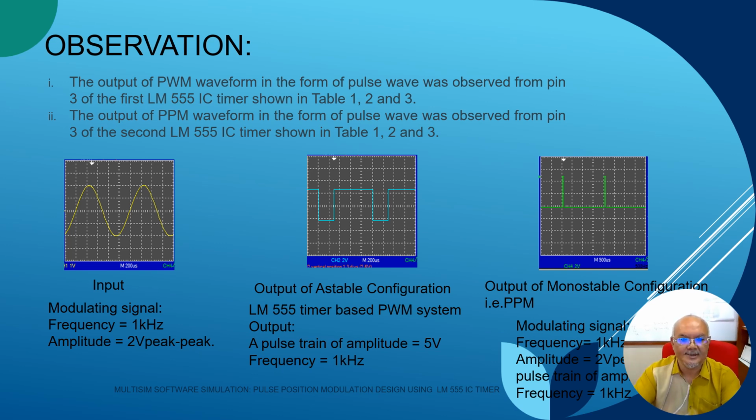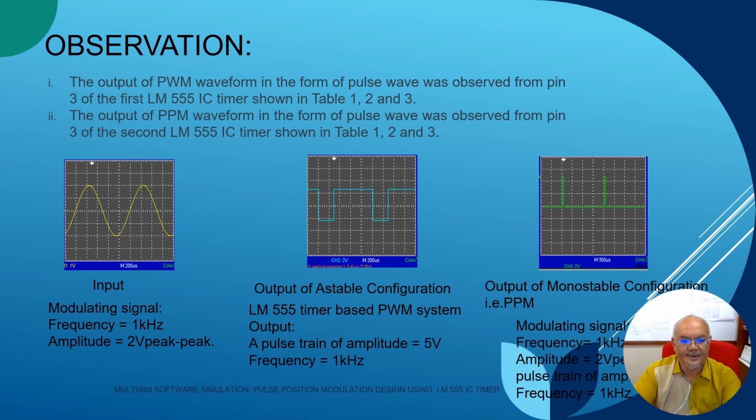The first one is the output of the PWM waveform in the form of pulses, observed from pin 3 of the first LM555 IC timer. And the second observation is the output of the PPM waveform in the form of pulses, observed from pin 3 of the second LM555 IC, shown in the table below.